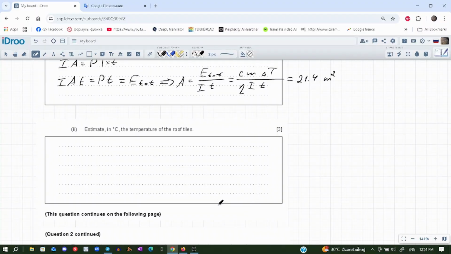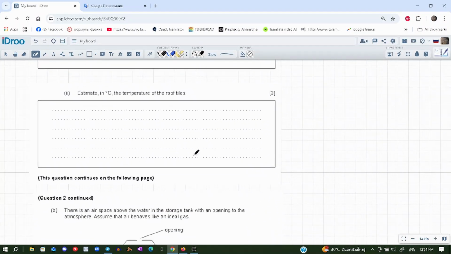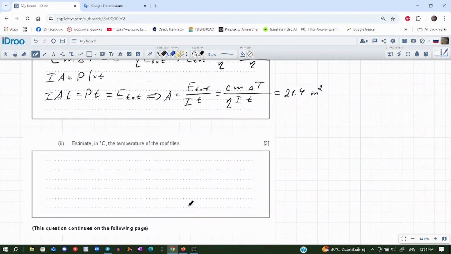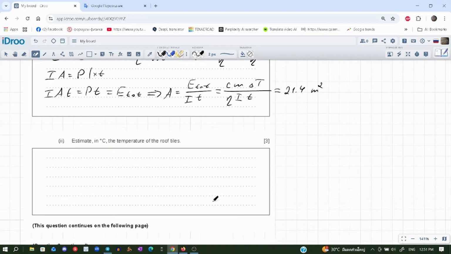Estimate in centigrades the temperature of the roof tiles. Okay. How to estimate this temperature? For this, we will need Stefan Boltzmann's law again.